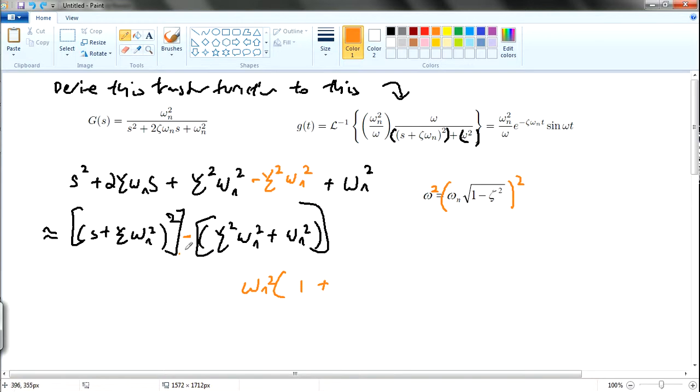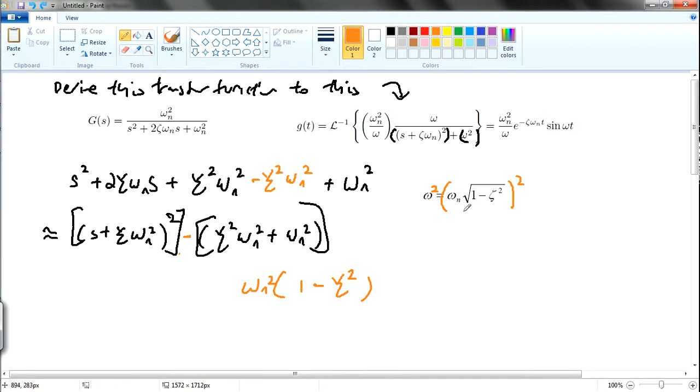Okay, I hope I didn't confuse you, because at the last minute I realized something was wrong. But nonetheless, this is minus, so therefore this is 1 minus, okay, 1 minus damping ratio squared. Because this is minus already, if you were to factorize out omega n squared, they are the same term. You factorize out, this is 1 minus the damping ratio squared.